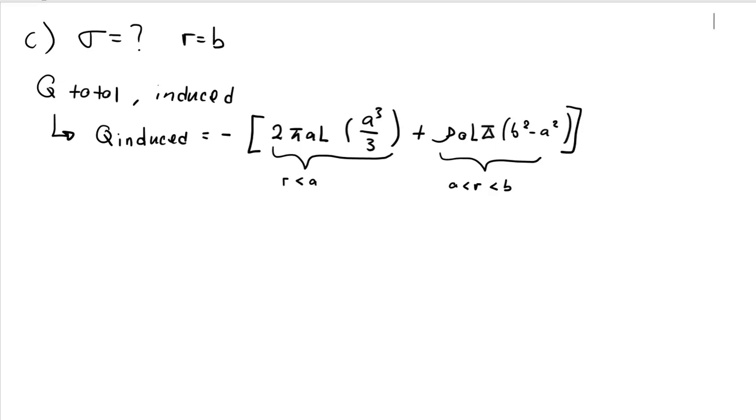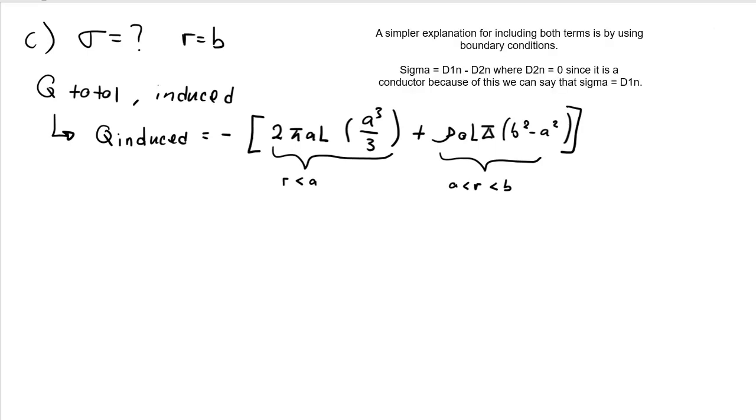So why do we include both of the charges? The reason for that is that we need to include all enclosed charges when we are trying to find the total induced charge.